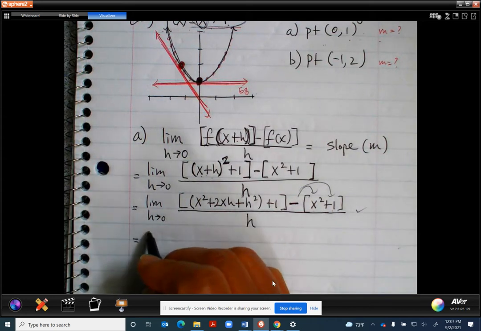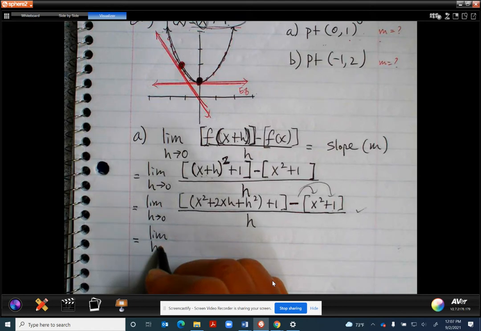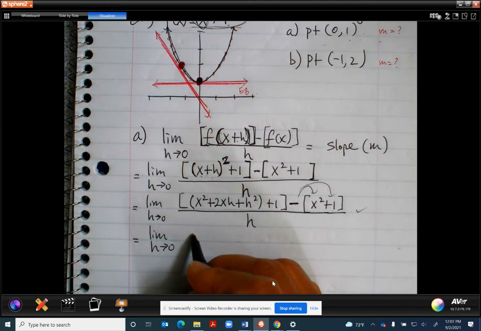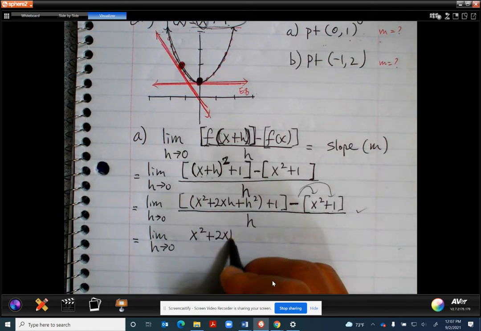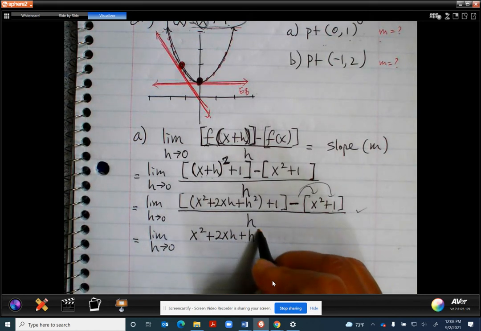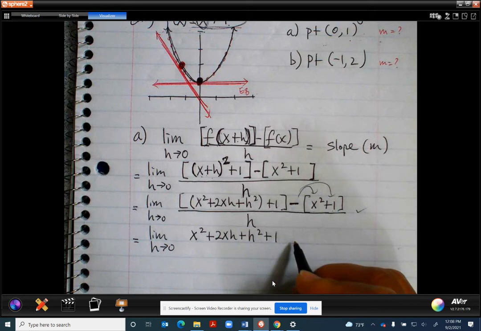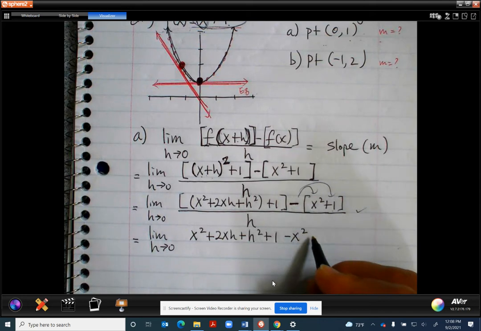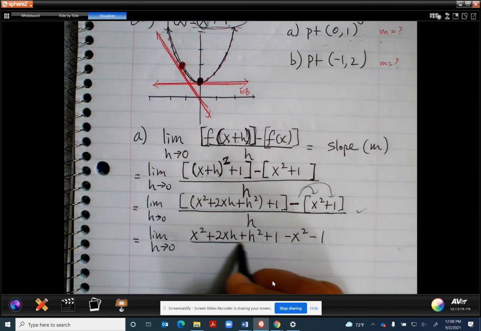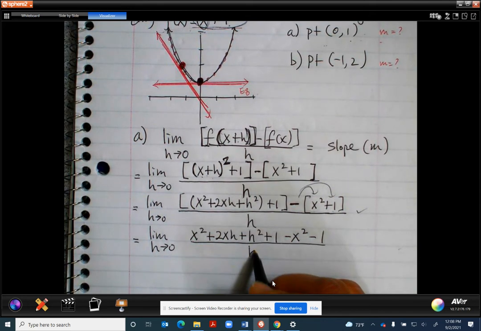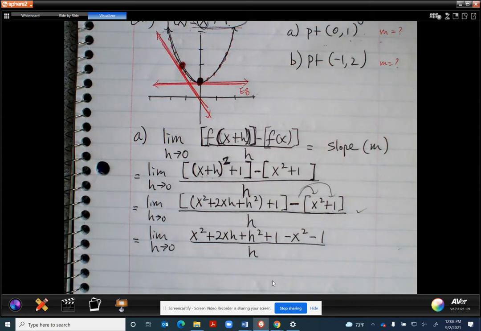Help me out with this. We get limit as h goes to 0. I'm taking out everything, so this is x squared plus 2xh plus h squared plus 1. Help me. Minus x squared minus 1 all over h. Very nice. Okay, stay with me, okay?